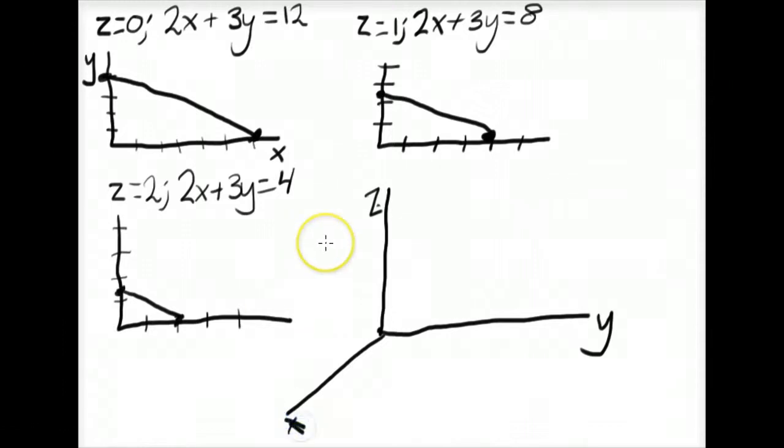Now, first, when z is equal to 0, we have this ray from the value of x at 6 to the value of y at 4. So we'll draw that first.